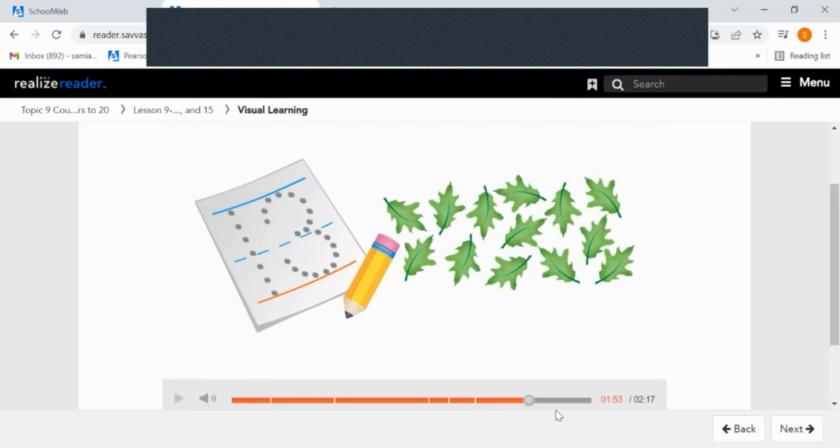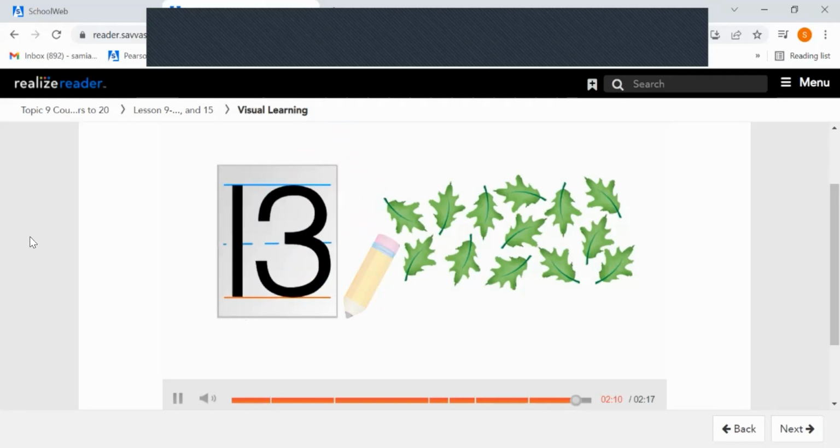We always start from the top and we go down. Start at this dot at the top. Trace down. Now trace the number 3. Start at this dot near the top of the 3. Trace around. Read the number. It says 13.